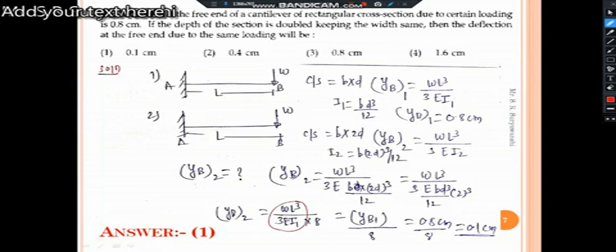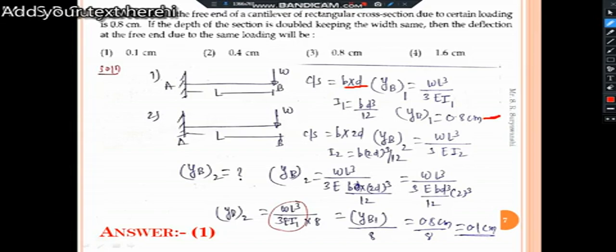So what have they given? First, a cantilever beam subjected to a point load at the free end, the cross section is B by D, and the formula of deflection at the free end is WL cube by 3EI1. I1 is the moment of inertia for the first case, with cross section B into D. That deflection they have given as 0.8 centimeter.